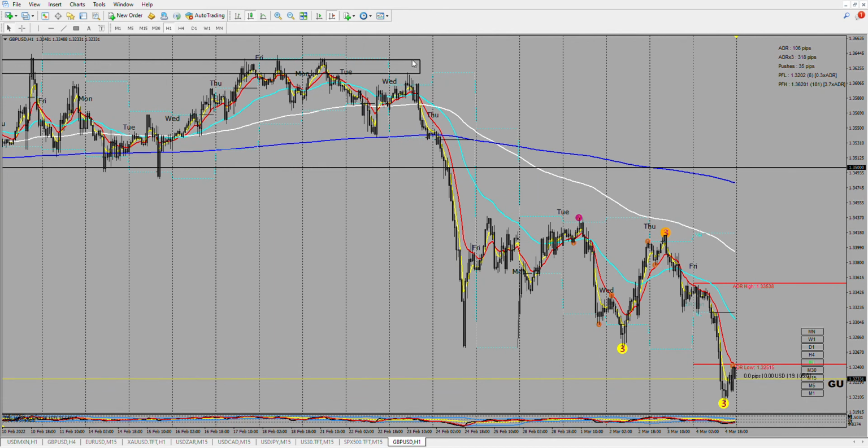Then after that, we can clearly see that there was a very aggressive move which happened on Wednesday last week, and this move was about 330 pips. It was a very aggressive move, and I think this was triggered by the Russia and Ukraine news, the Russian invasion into the Ukrainian land.